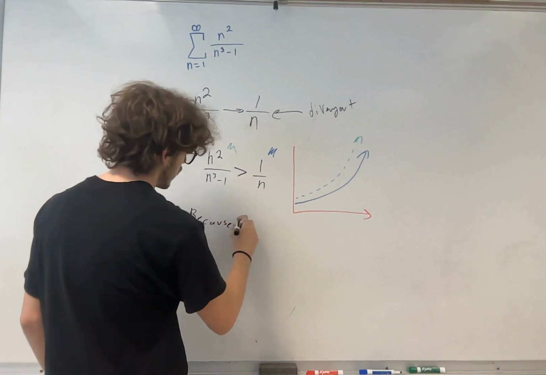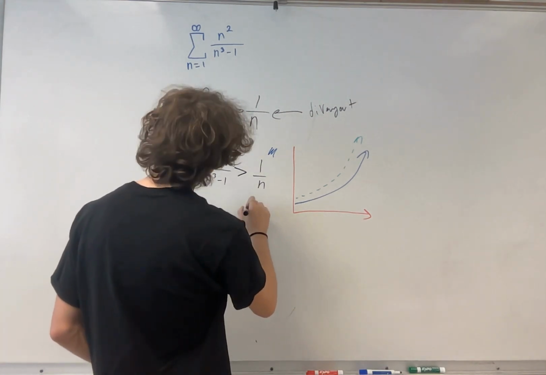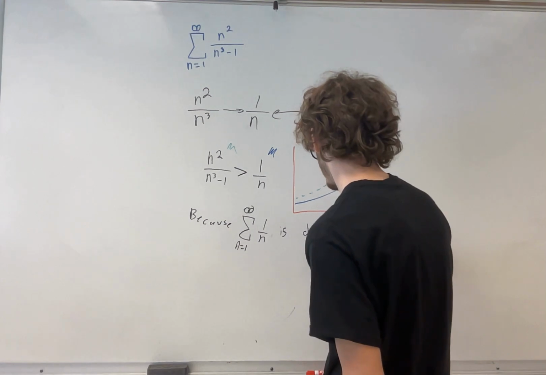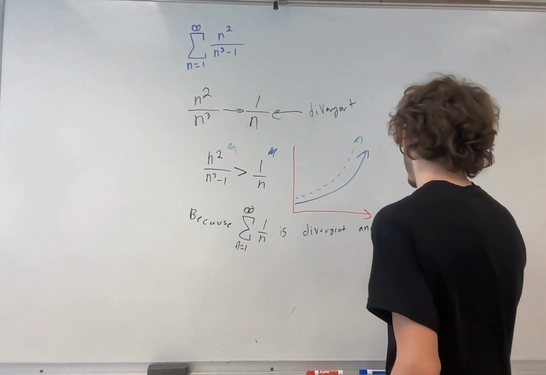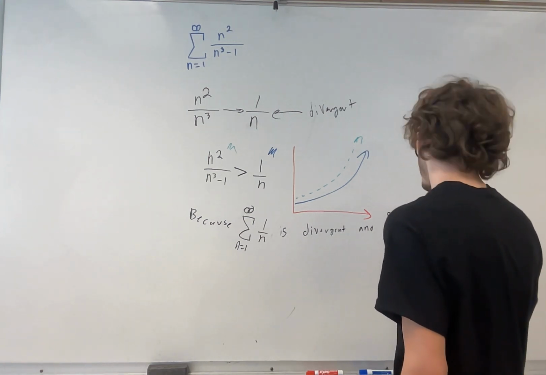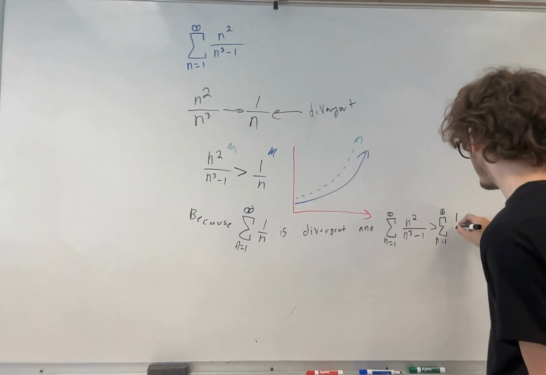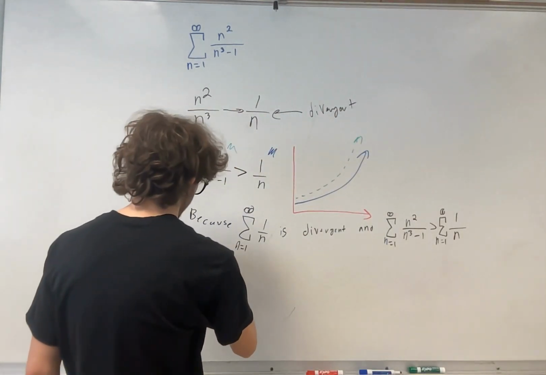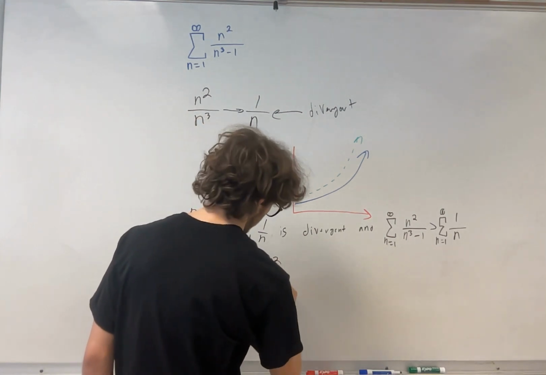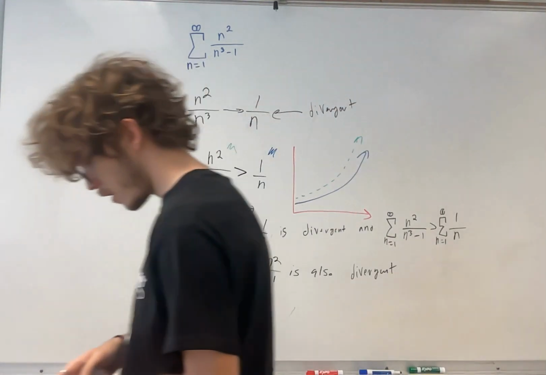Because the series from n equals 1 to infinity of 1 over n is divergent, and the series from n equals 1 to infinity of n squared over n to the third minus 1 is greater than the series from n equals 1 to infinity of 1 over n, then our initial series is also divergent.